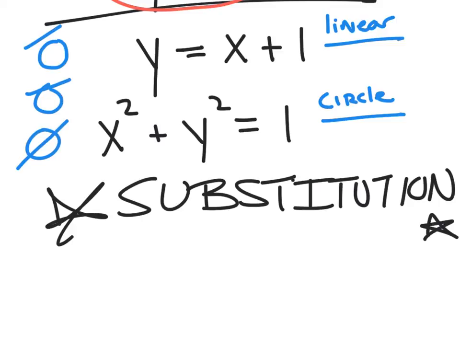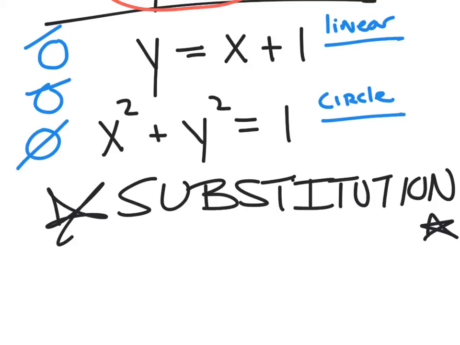Now, some of us like to make this really hard and pick like the worst possible variable to solve for. Half the time, guys, they say y equals, so your one is already done for you. You just have to substitute it into the other one. If you really wanted to solve for x, could you? Yeah, but why would you? It already says y equals.